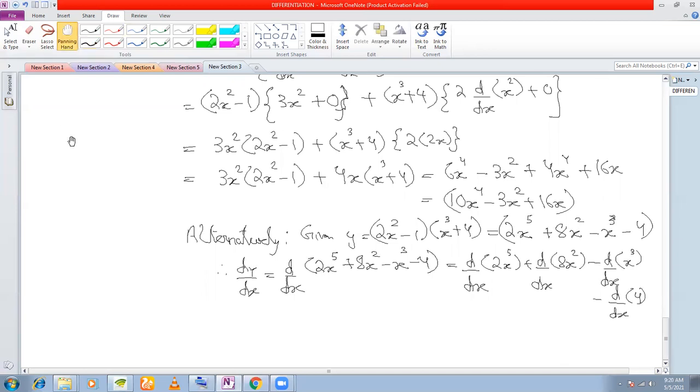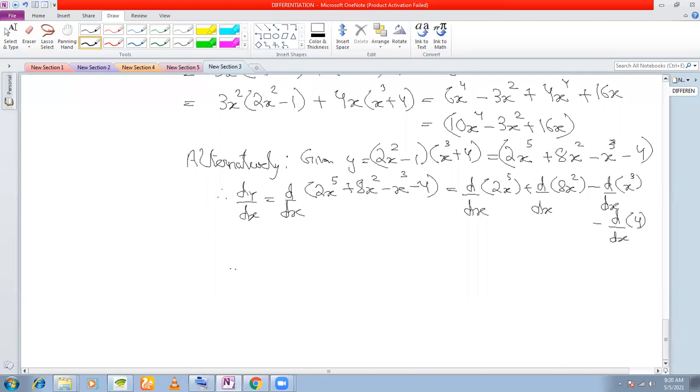Okay, so now you'll have twice d/dx of x to the power of 5, because you can take this constant out of the differentiation, plus again this constant taken out, 8 d/dx of x square, minus, now d/dx of x cube, you use the result n x to the power of n minus 1 to get 3x square, and d/dx of 4 is a constant, it becomes 0.